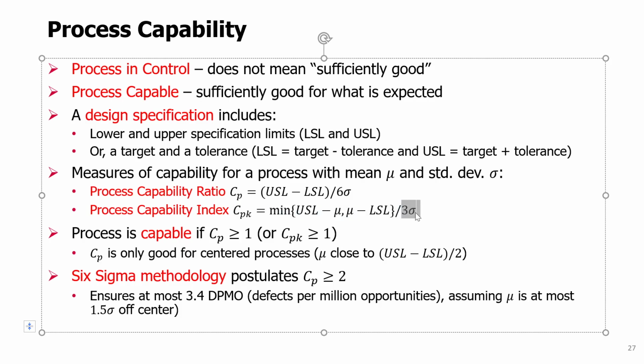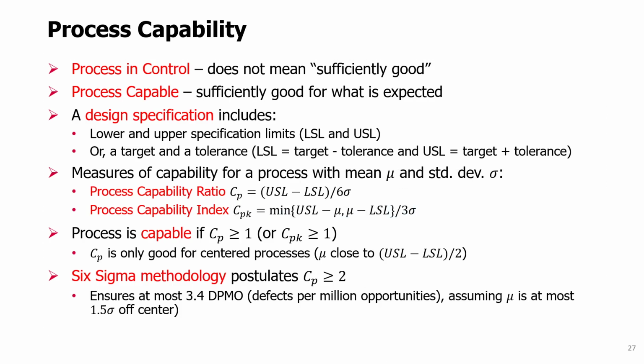And the index is calculating the same thing. You see there is 3 sigma in the denominator, but here we're looking at the distance between the mean and the upper specification limit and between the mean and lower specification limit, which would both be the tolerance if the mean is exactly in the center at the target value, between the lower specification limit and the upper specification limit.